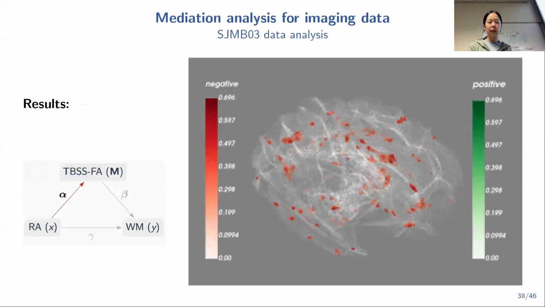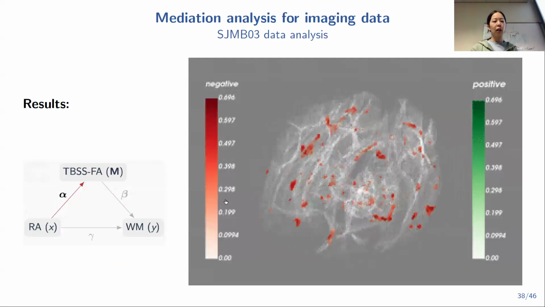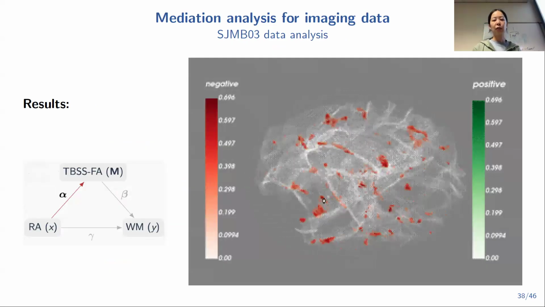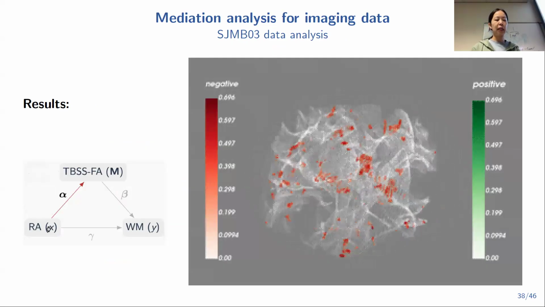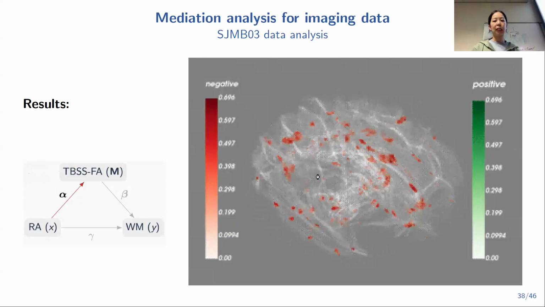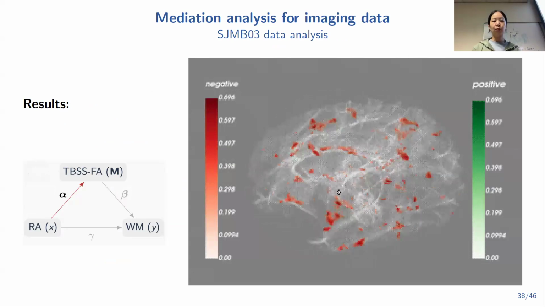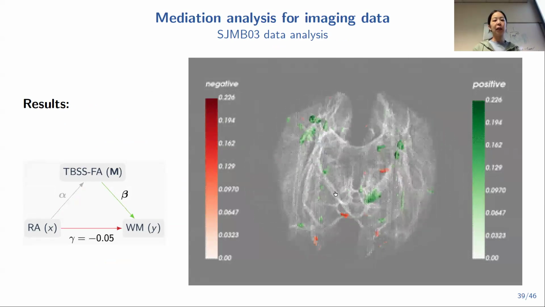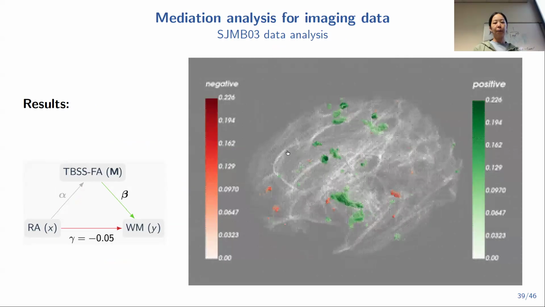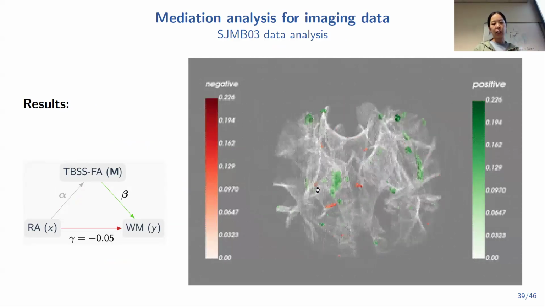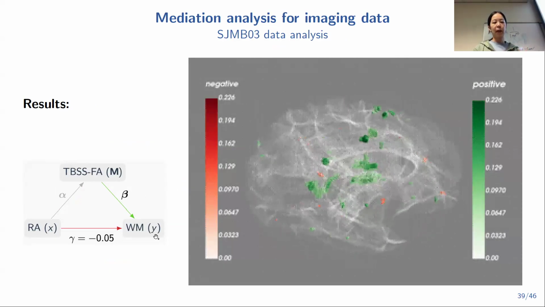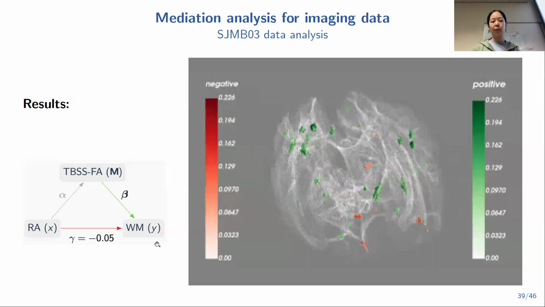And here's the estimated alpha parameter. Most of them are negative, colored in red. It means the radiation therapy damaged the brain in those regions. And those are the beta parameters, which mean better brain condition in those regions will give us better working memory development.